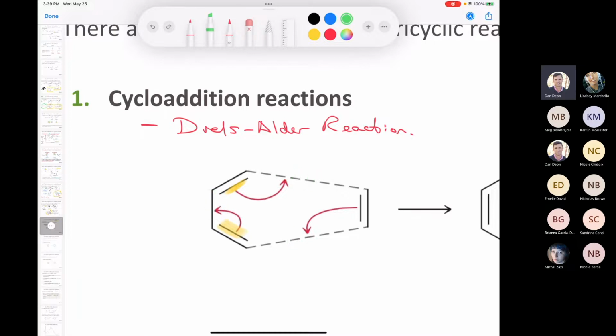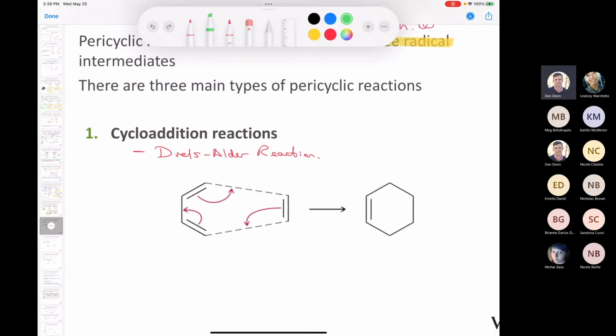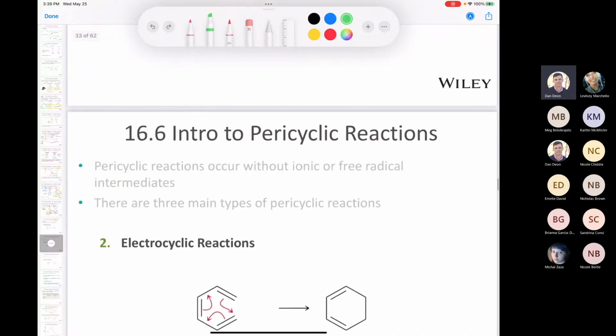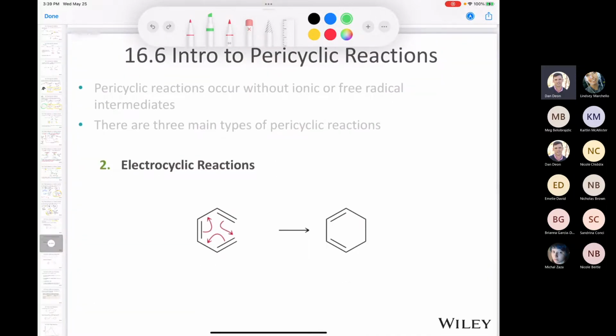Anyhow, I'll summarize that in a little bit. That's neither here nor there at the moment. But you end up losing two pi bonds. Out of three pi bonds, you lose two, and then you end up with only one in the end. And of course, you form two sigma bonds in the process. Anyhow, that's a lot of mumbo jumbo, but I have that summarized in a little bit.